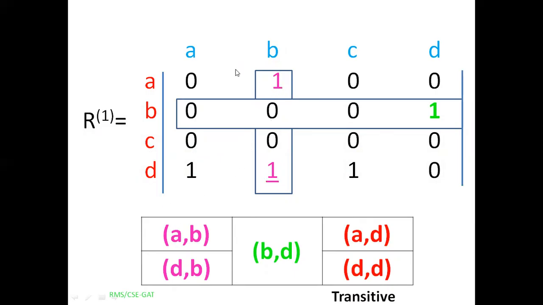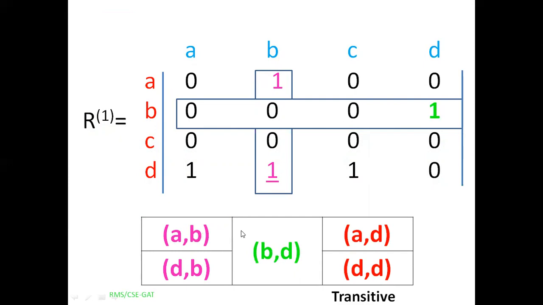Position of 1 is A to B and D to B. So A to B and D to B are the positions of 1 in the second column. Now we have to find the position of 1 in the row. So go to the second row. Here the position of 1 is B comma D. So B comma D is the position of 1 in the second row.